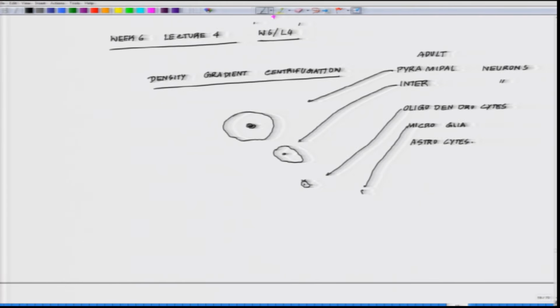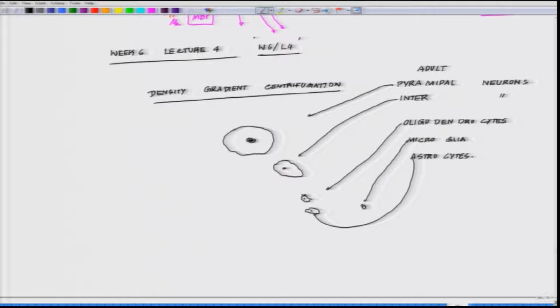Microglia you will not be able to see really, they will be so small, and then you have the astrocytes, which are kind of similar to oligodendrocytes.